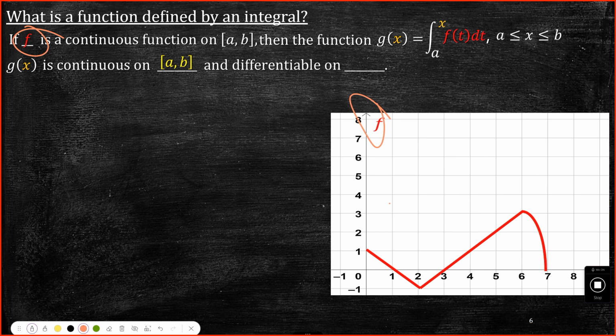And it has to be differentiable in the inside, not at the endpoints. So g, where it came from again, the antiderivative function, would have to be differentiable on a, b. So not at the endpoints again. So there has to definitely be differentiable within 0 to 7.